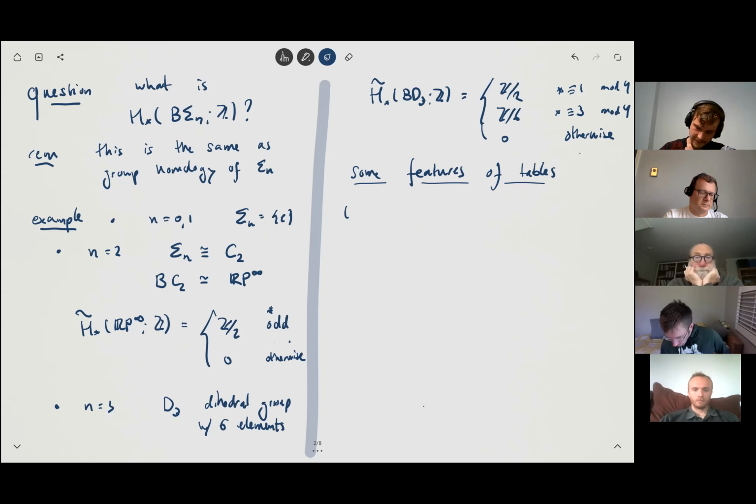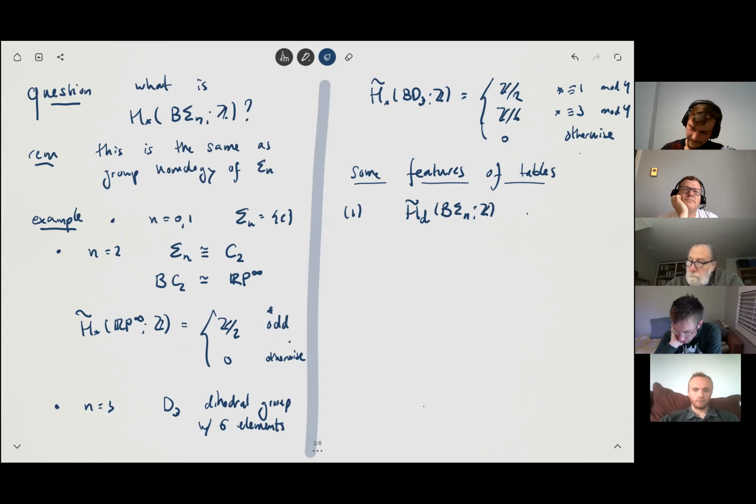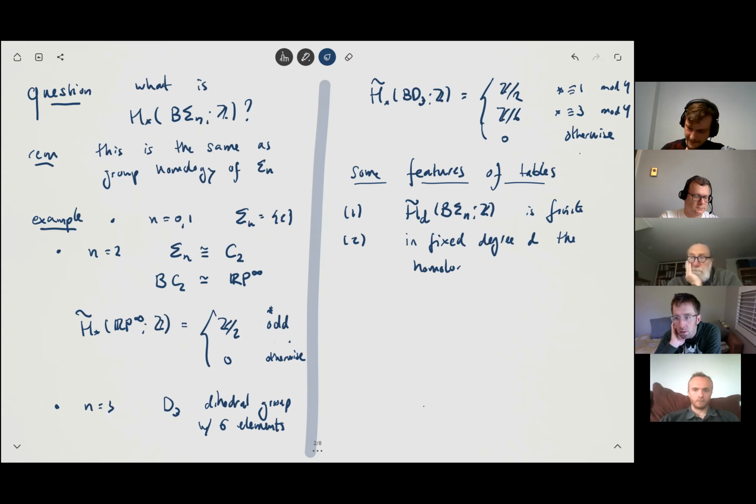Okay, so the first thing is that all these homology groups are finite, as long as you don't look at degree 0 or you take reduced homology. That's maybe even more fundamental than the thing I just mentioned, which is that in fixed degree d, the homology becomes independent of n as n increases.